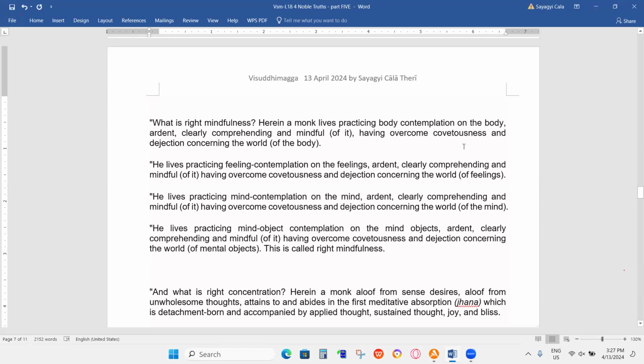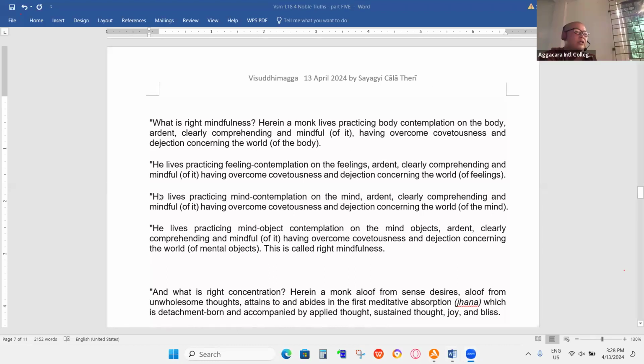He lives practicing mind contemplation on the mind, and mind object contemplation on the mind objects, ardent, clearly comprehending, and mindful of it, having overcome covetousness and dejection concerning the world of the mind and of mental objects. This is called right mindfulness.